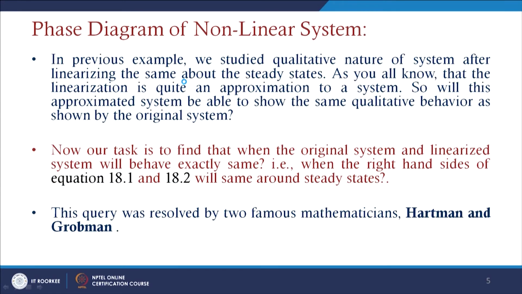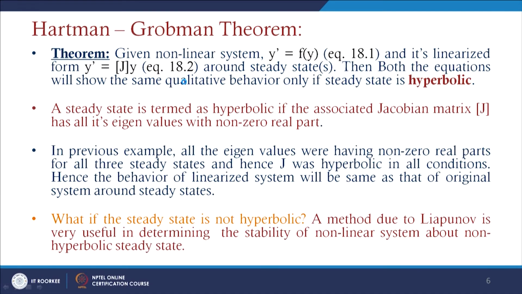Whether both these systems behave like steady states at the same level or not, we will discuss here. This query was resolved by two famous mathematicians, Hartman and Grobman. So, let us go for the theorem developed by Hartman and Grobman.